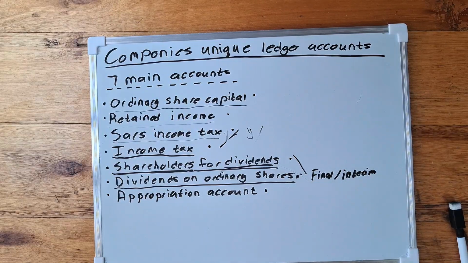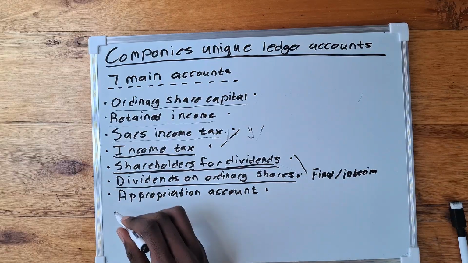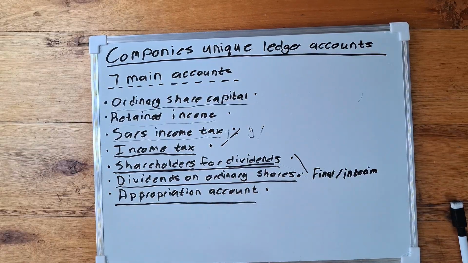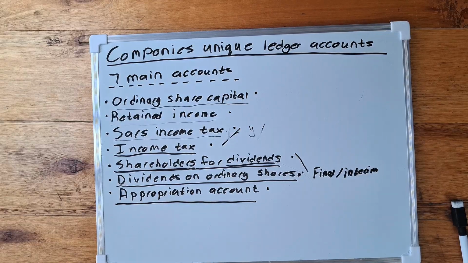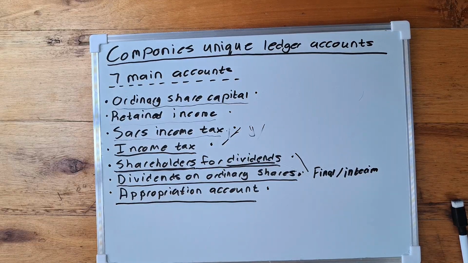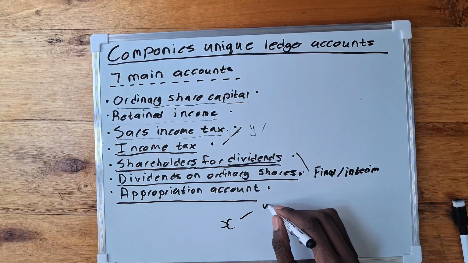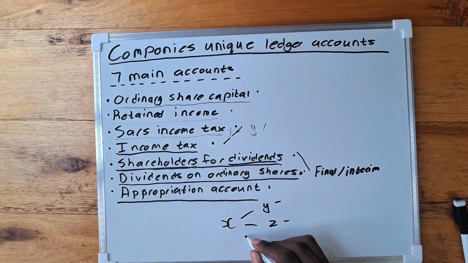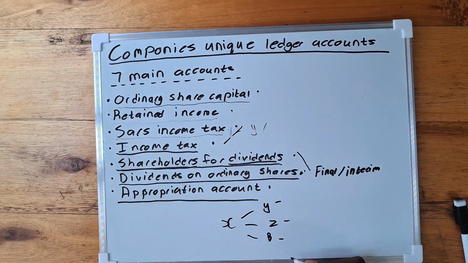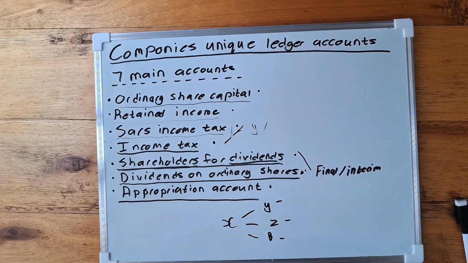And then the last but not least, the appropriation account. This one basically distributes the company's profit for the year. It shows, okay, this company made X amount of profit, so Y was distributed to this, Z was distributed to that, and B was distributed to that. So now let us get into the actual ledger accounts.